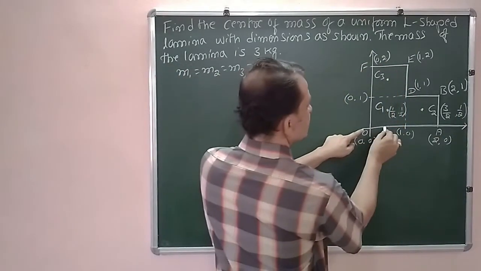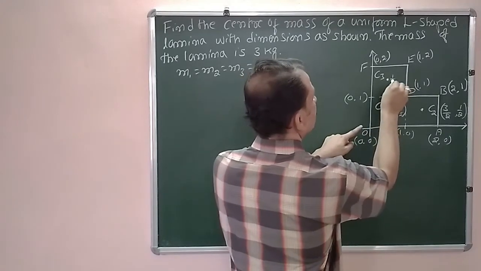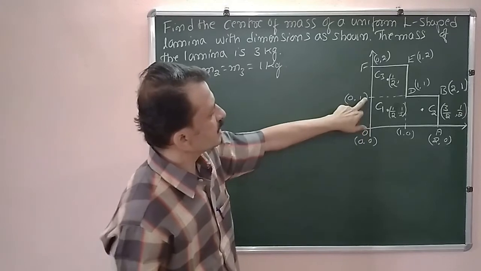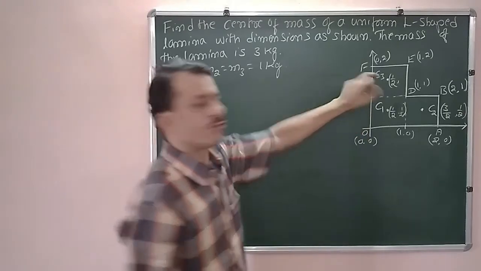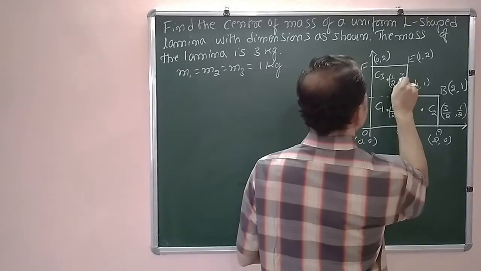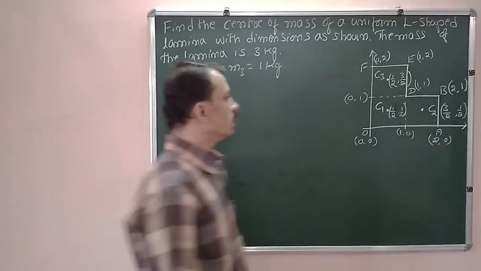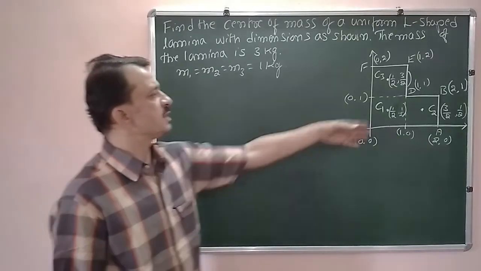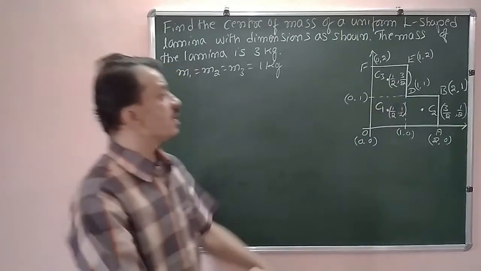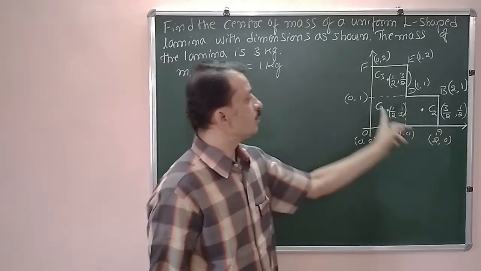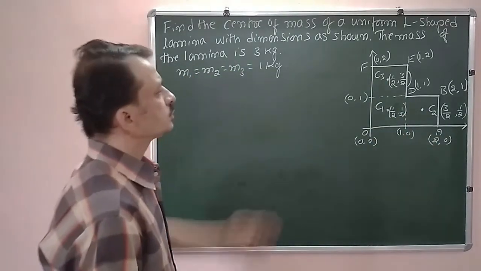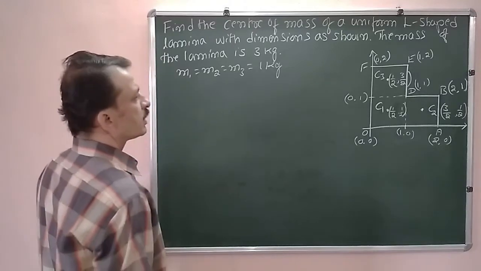The x coordinate is half, and the y-axis from here to here is 1 and this is half, that is 1 and a half or 3 by 2. After getting the coordinates of the three centers of mass, we are going to find the center of mass of these three squares. Now we have got the coordinates.